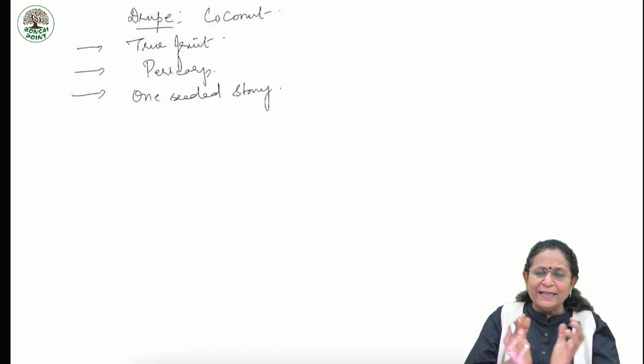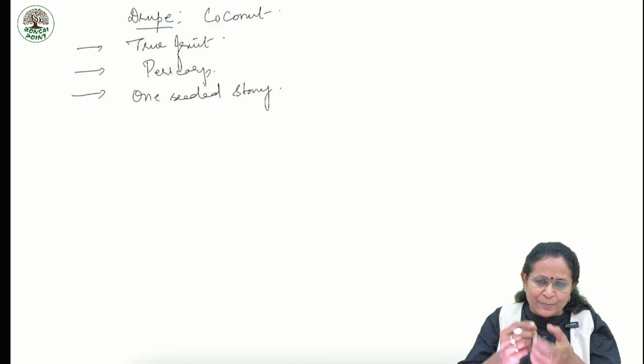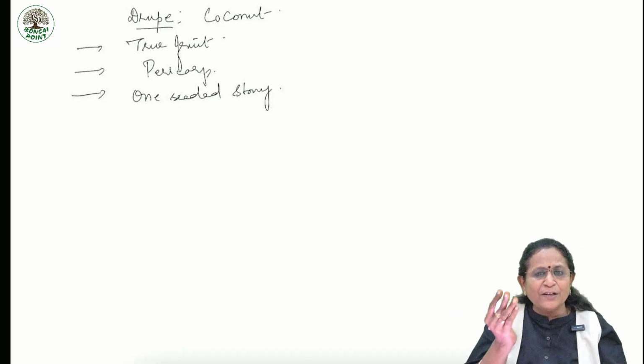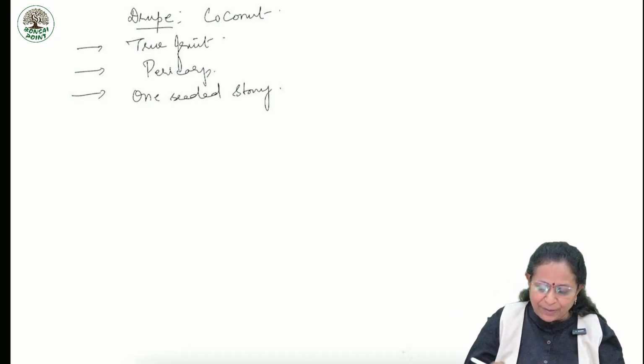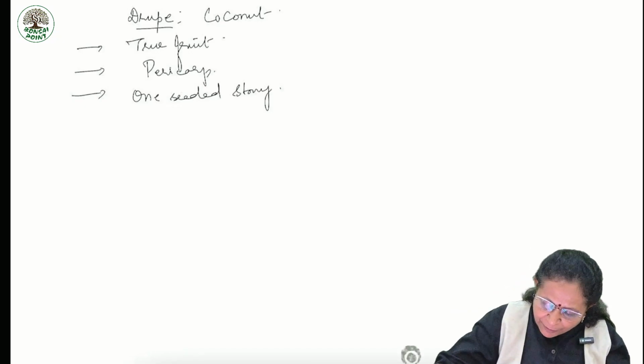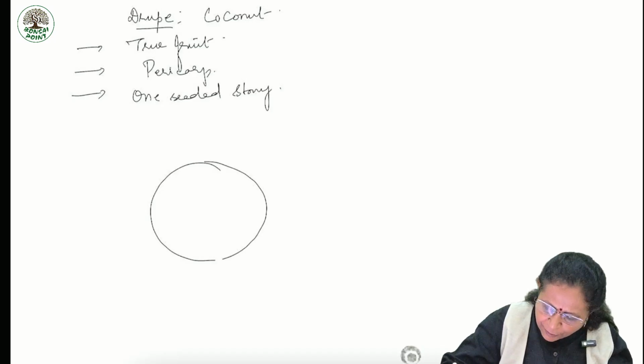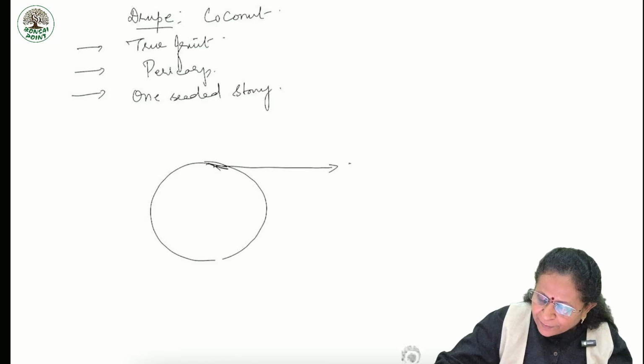Now, imagine the entire coconut, not the one that is being peeled. Okay. Imagine there is a tender coconut. When you take a transverse section of that coconut, how does it appear? First part you can see a solid structure. Okay. This is the solid structure which is said to be the endocarp.